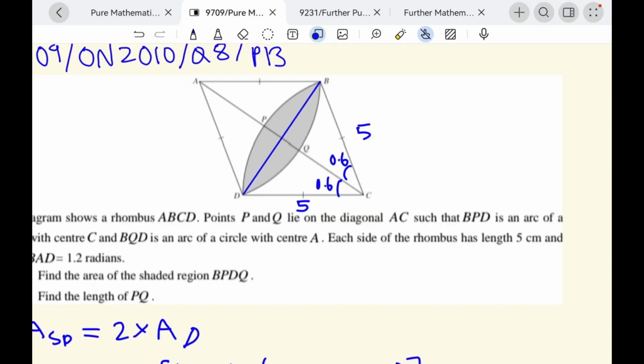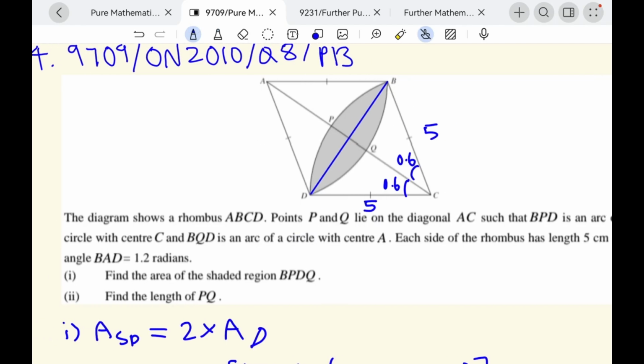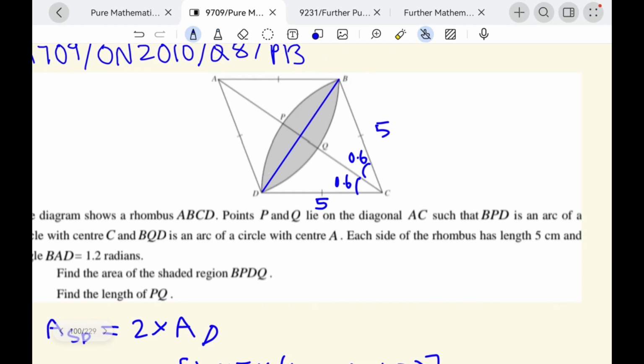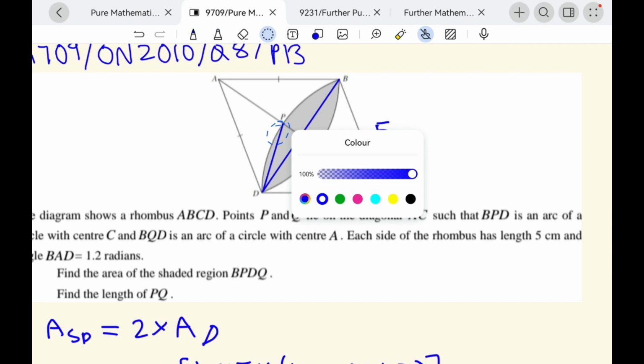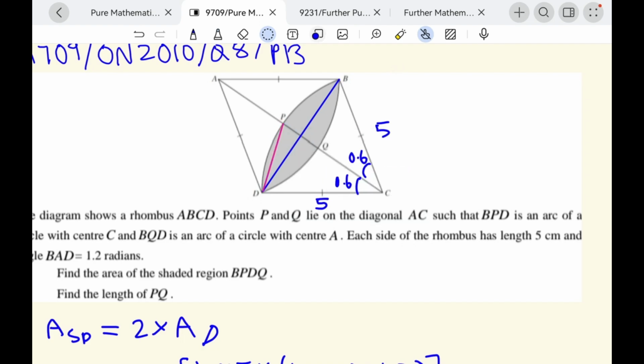This line is the chord of the segment for the angle subtended of 1.2 radians. But for 0.6 radians, the segment should be like this. Let me change the color to pink, for your understanding.